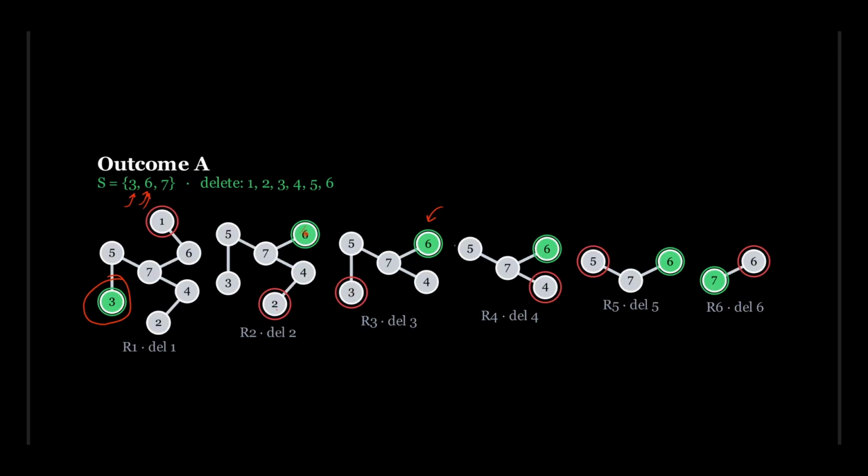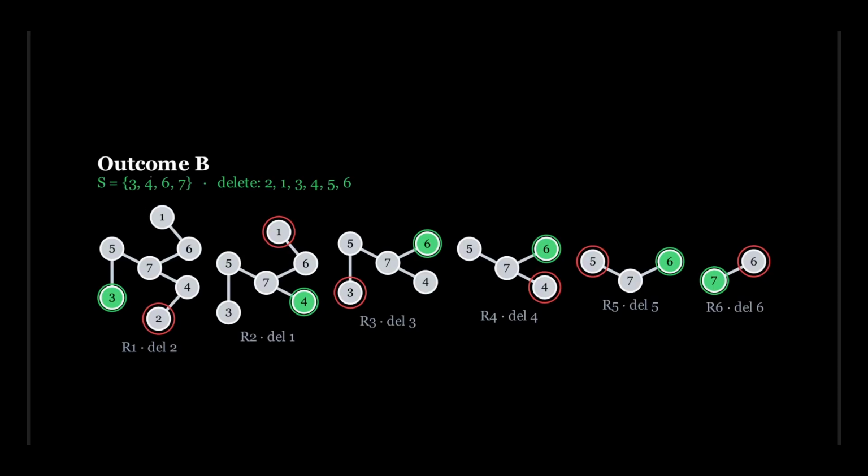Then you delete 3, then 4, then 5, and 6 is still the maxima. And finally, once you delete 5, 7 has become the maxima, and the process terminates. So in this configuration you were able to color these 3 elements in green: 3, 6 and 7.